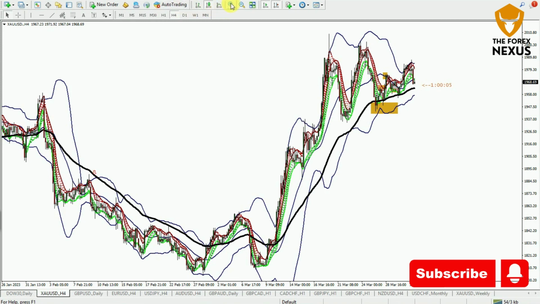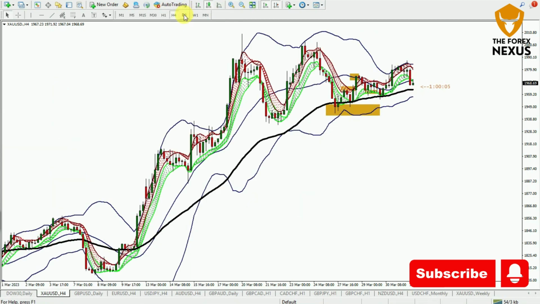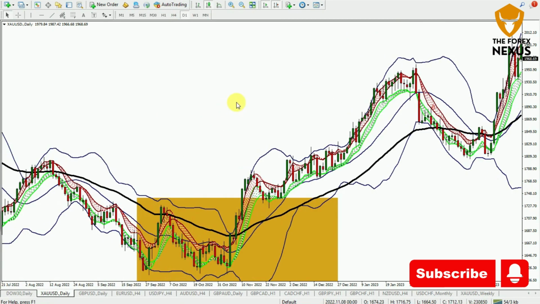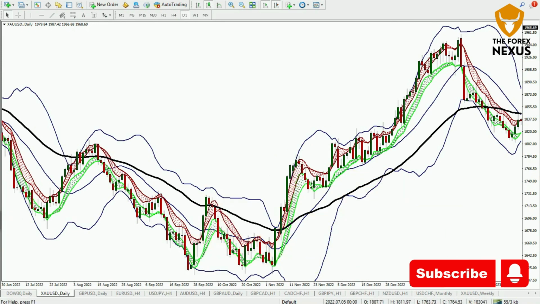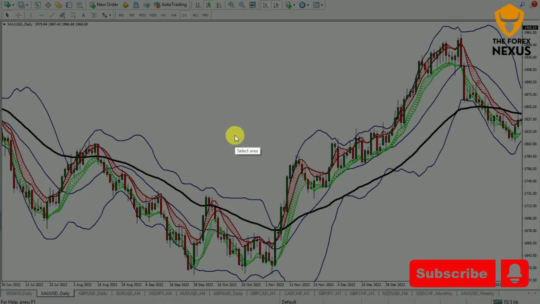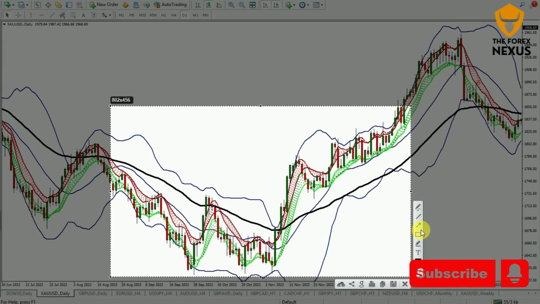Now the question is, mostly students are making losses while making re-entries at this point. Remember, when the Bollinger Band is flat, don't take a trade.